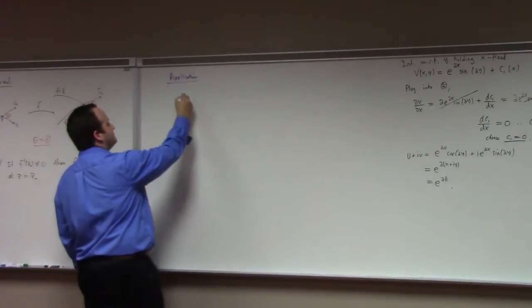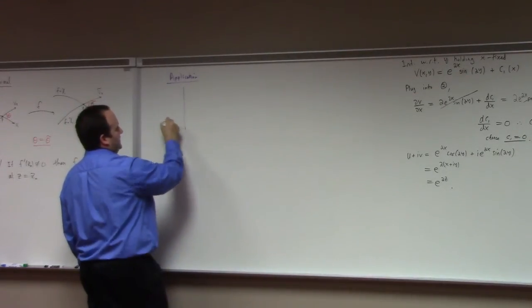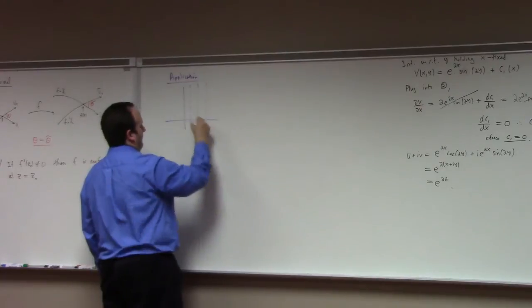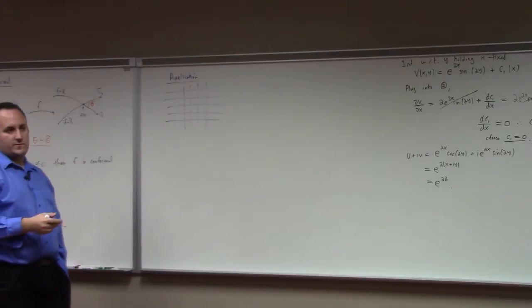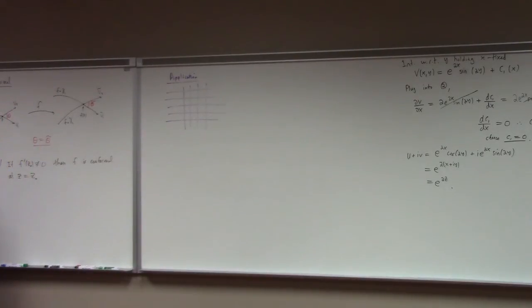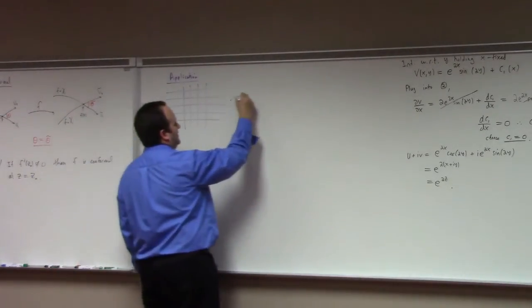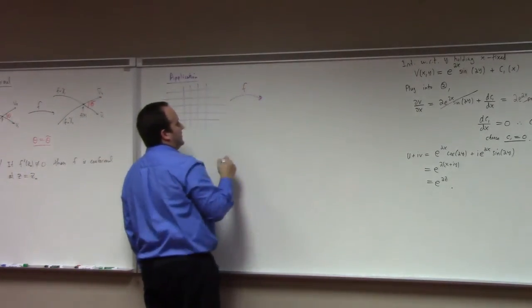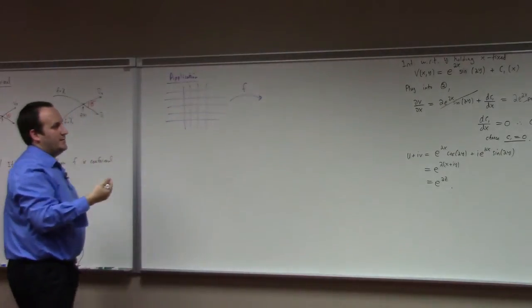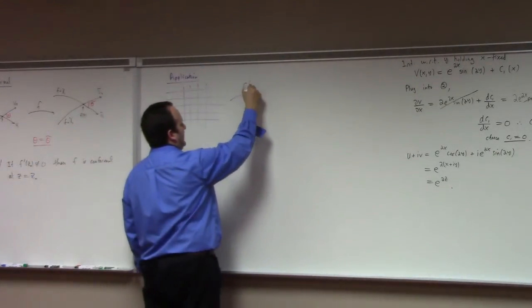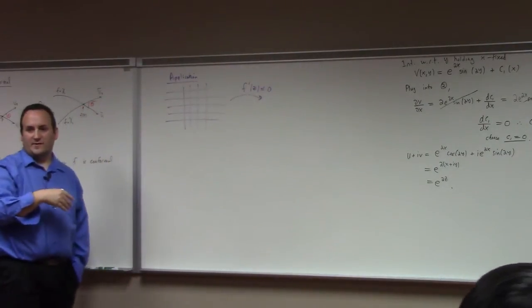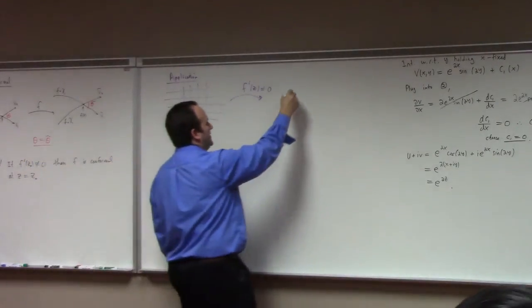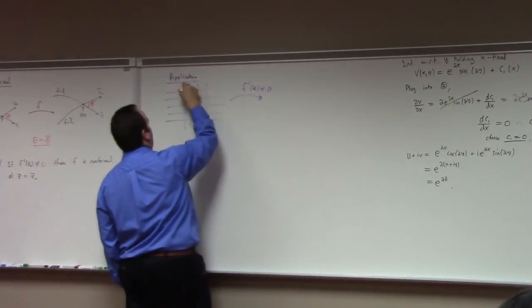If you think about it, if I look at this web of horizontal and vertical lines in the domain, and if I have a holomorphic function f, suppose f prime of z is not equal to 0 on this web, then what does it give you over in the uv plane? This is the xy plane.